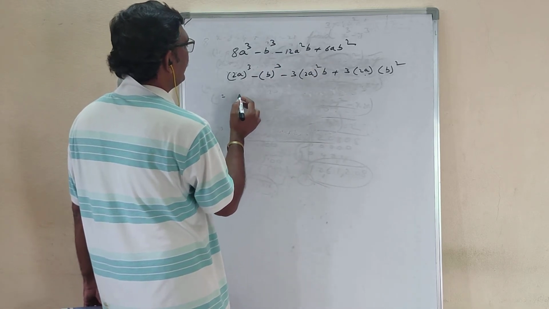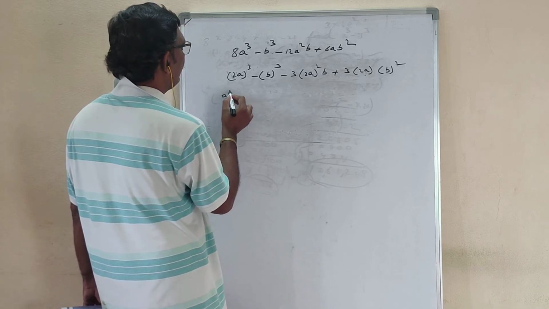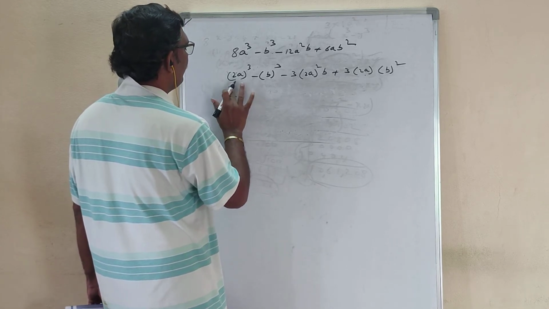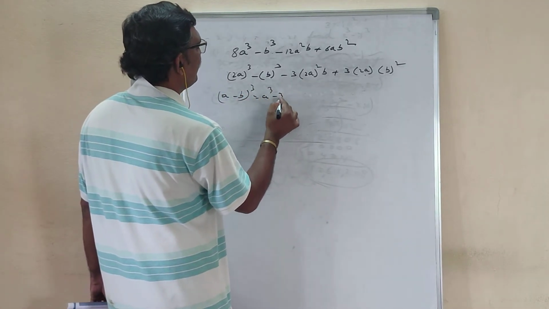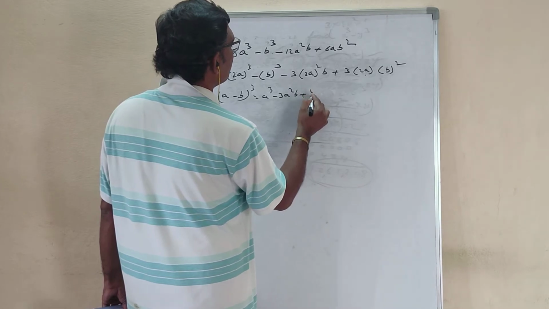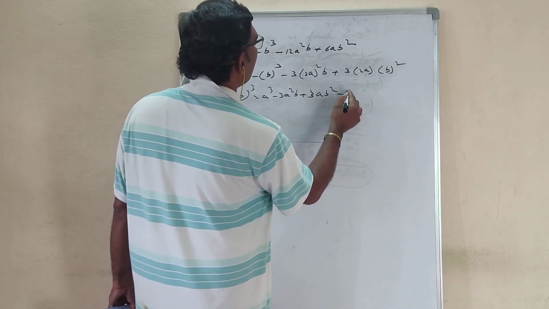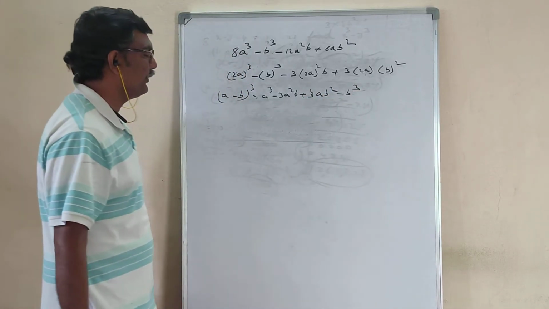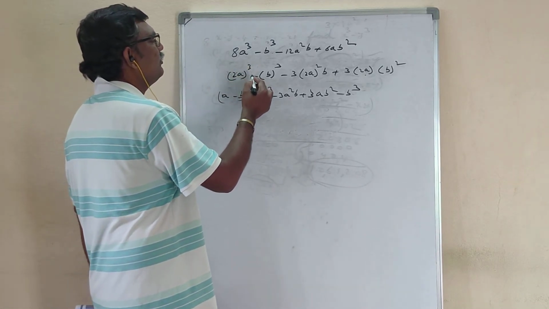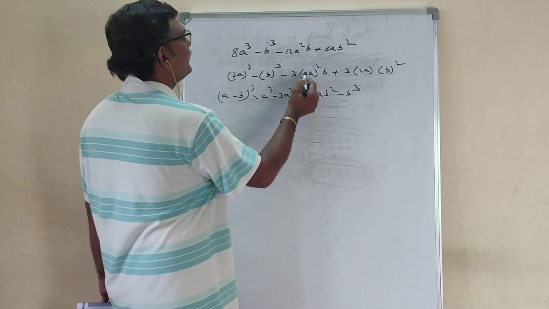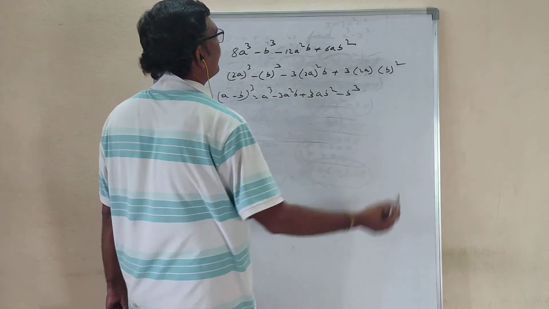Now what you have to do is, you have to remember one formula for a minus b whole cube. A minus b whole cube formula, write down. A cube minus 3a square b plus 3ab square minus b cube. It is a cube, minus b cube, minus 3a square b plus 3ab square.